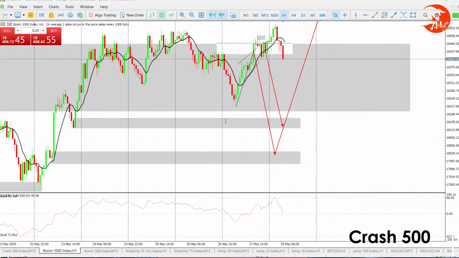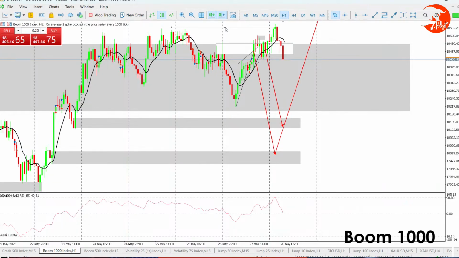Boom 1000. Boom 1000 yesterday also kept playing around. You can clearly see we wanted price to get there and give us entry for sell. And in fact, remember, let me see, I think I made an entry that I was taken out early, and then it went all the way back to look for the liquidity pool above there.